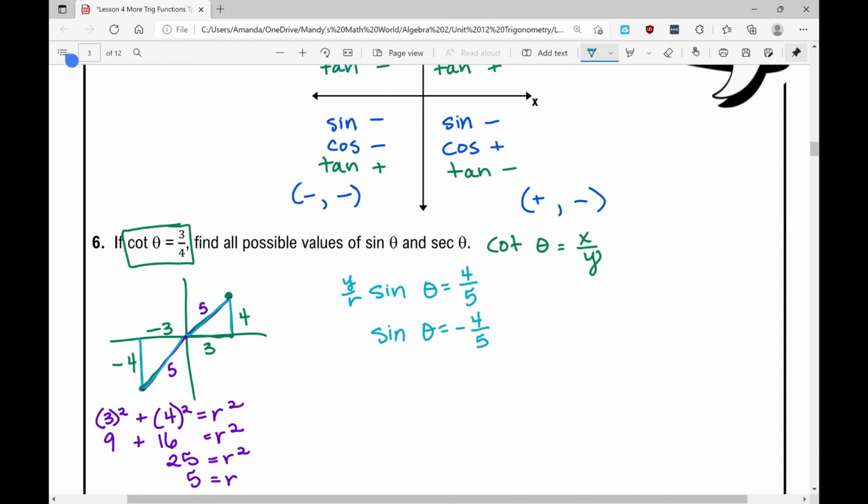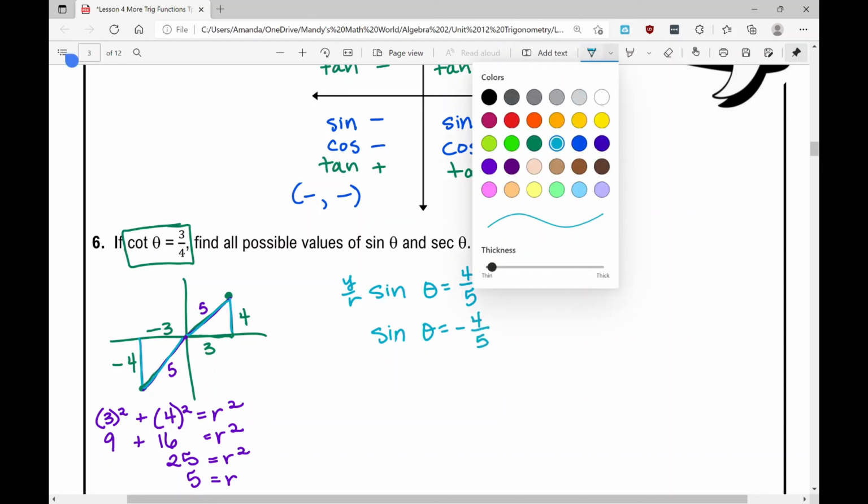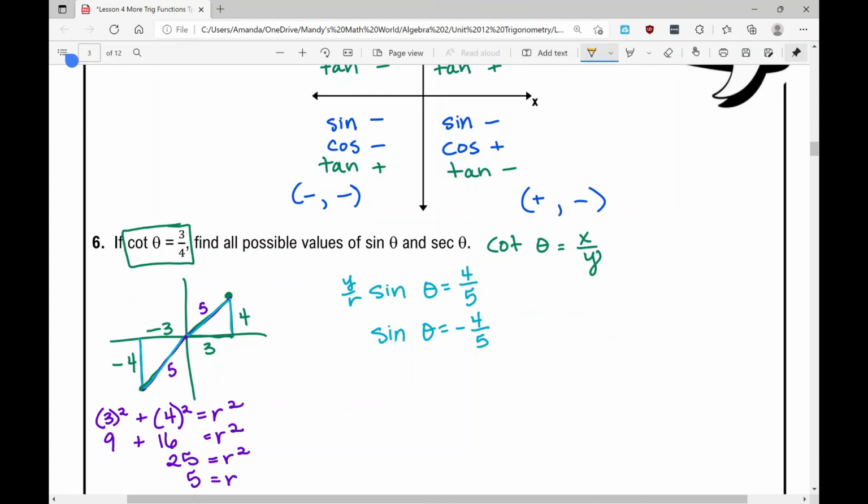Those are the possible values given the information in this particular problem. Find all possible values. So I know cotangent theta is positive. I know the ratio is x over y, and I've put those in place on this little sketch that I've drawn.